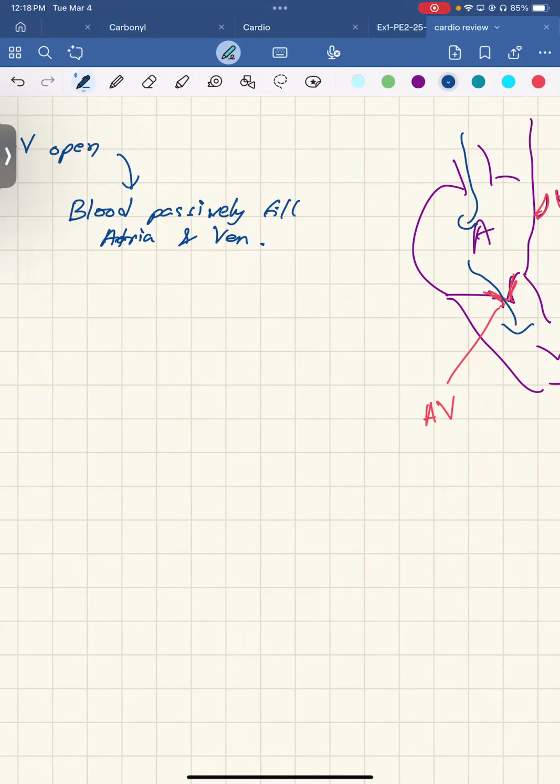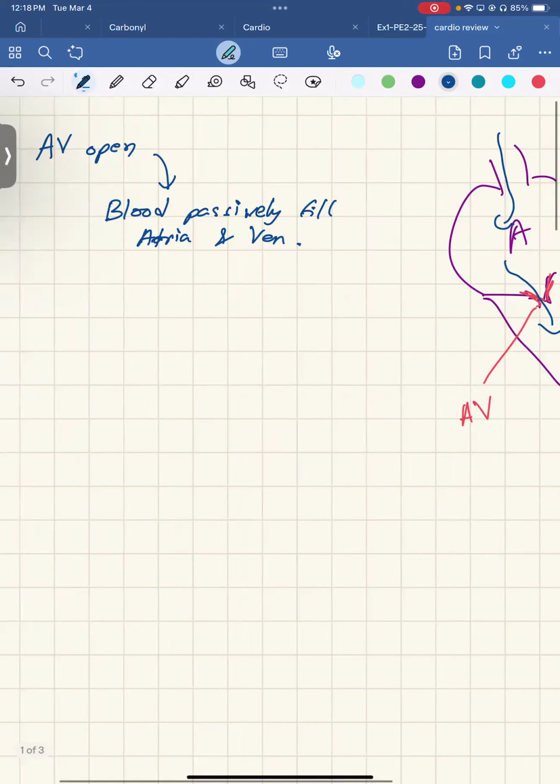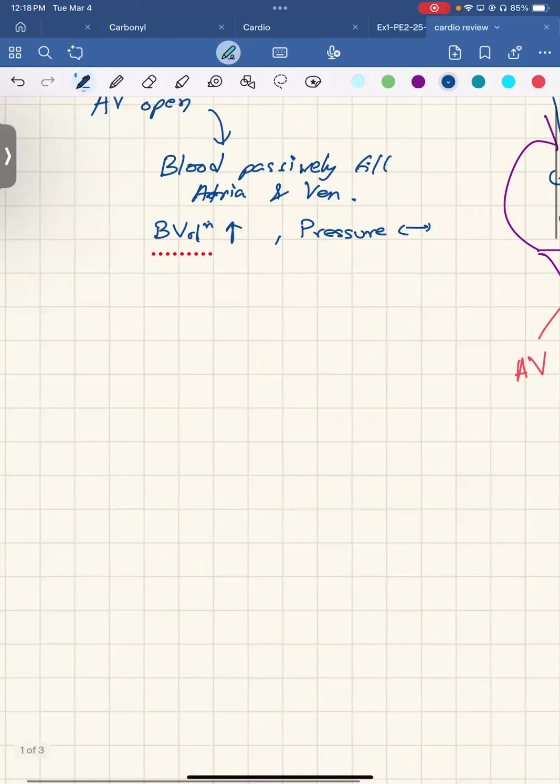So both are relaxed at this point. What would happen to the blood volume in the ventricle? Yes, the volume is increased. What about pressure? Nothing's happening to the pressure. No one's contracting.